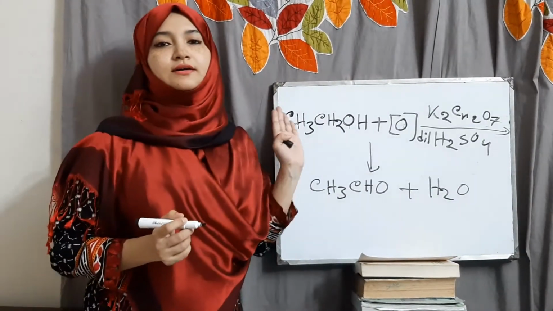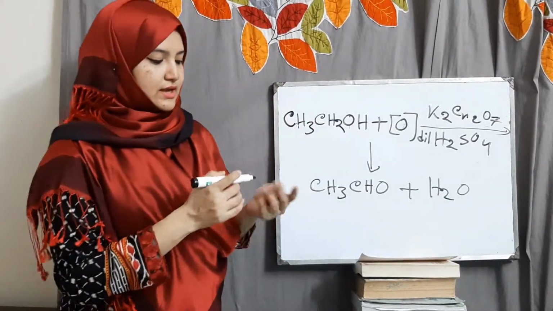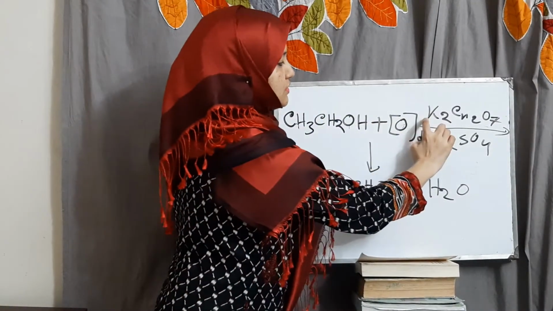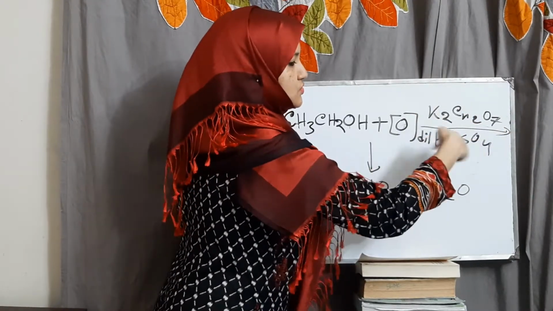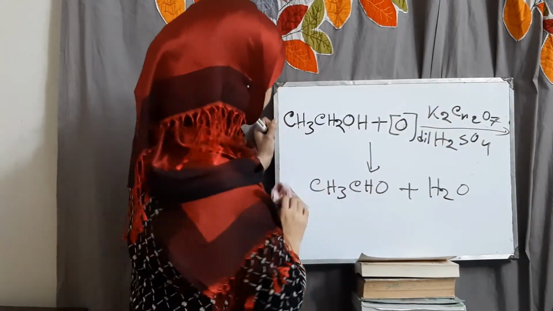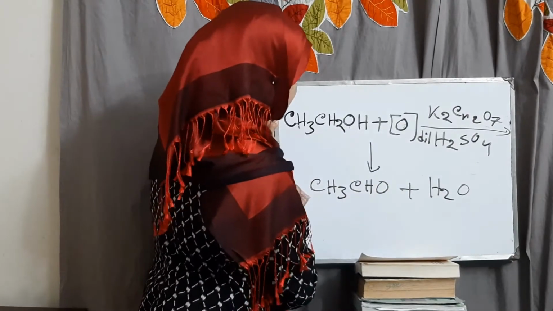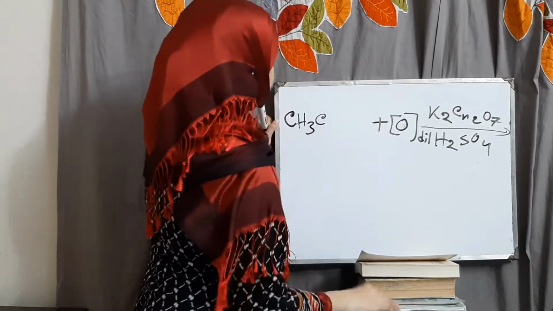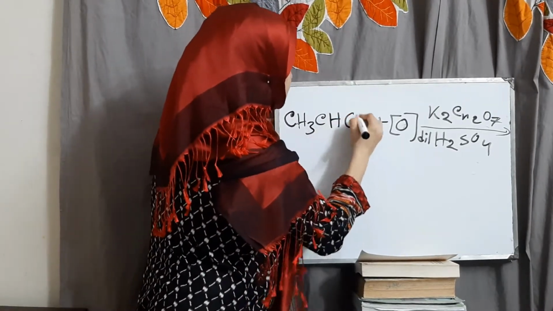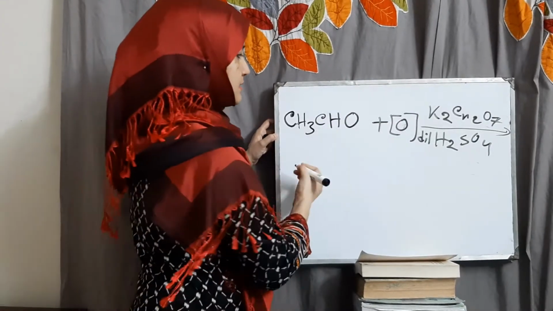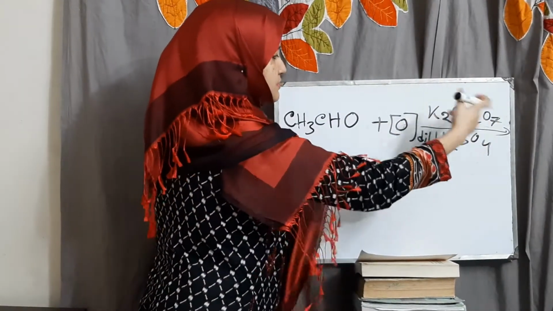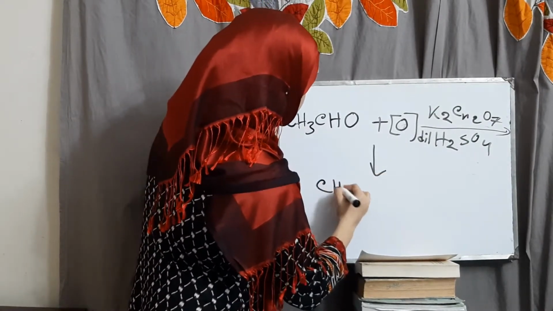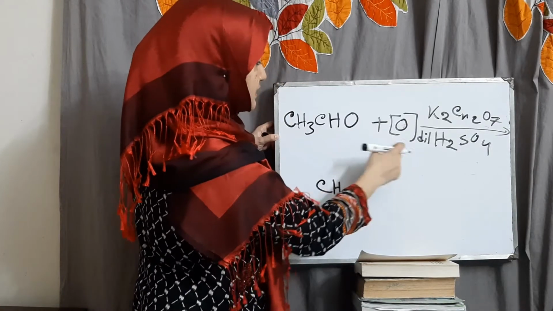This is the third step. Then further oxidation occurs by the same strong oxidizing agent. The reactant is the aldehyde, and the same reagents are used there, and the product is formed by oxidation, the addition of oxygen.